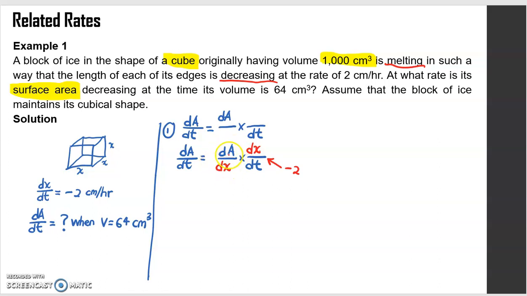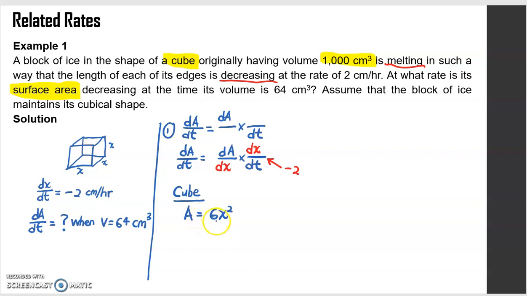Differentiate A, the area. What is the area for the cube? The area of the cube is 6x squared. You can refer to the previous slide.